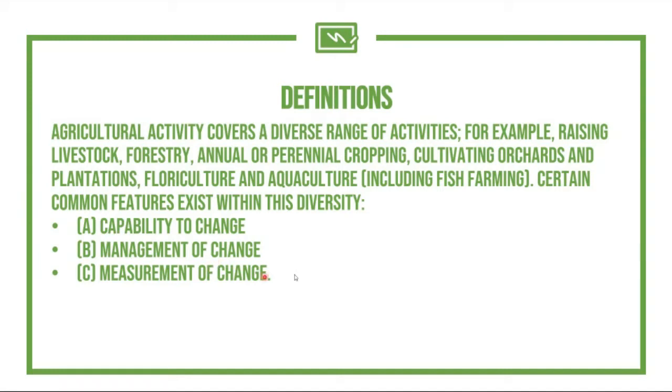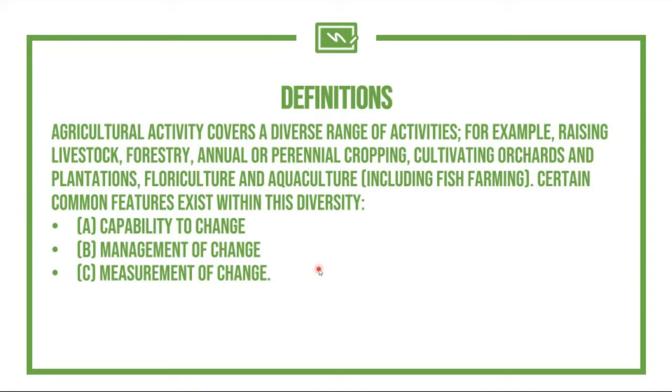And third is measurement of change. Meaning the entity regularly monitors the changes so that the assets that they are cultivating or managing are able to meet the requirements for the eventual sale of these particular assets.